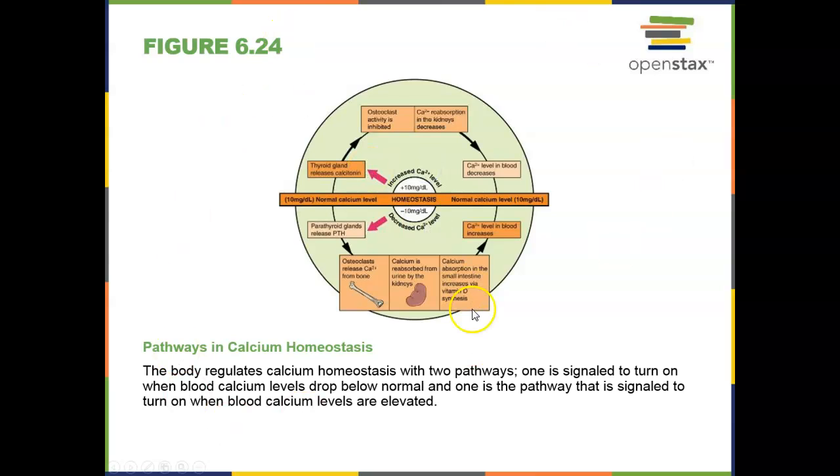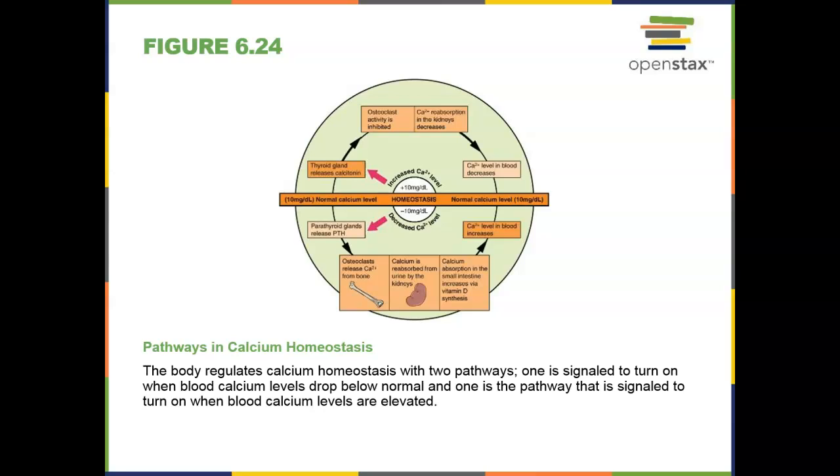And so we regulate these by two major hormones: the parathyroid hormone, which we talked about, as well as the active form of vitamin D. And then we have on the other side calcitonin.